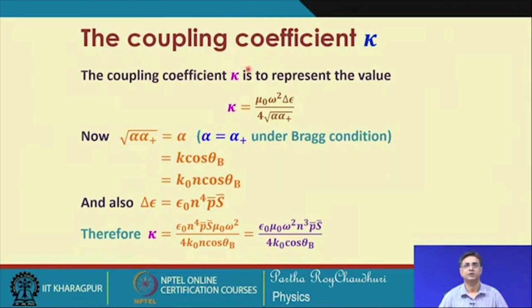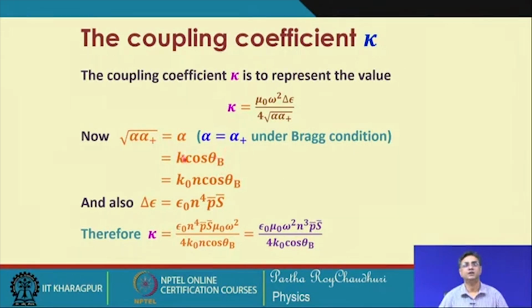The coupling coefficient under Bragg condition will be given by this, but alpha equal to k cosine beta. We will see that under Bragg condition, this is the incident wave, and the angle made by this incident wave is theta b. So, this is the Bragg angle at which the power transfer is maximum, at which alpha is equal to alpha plus.